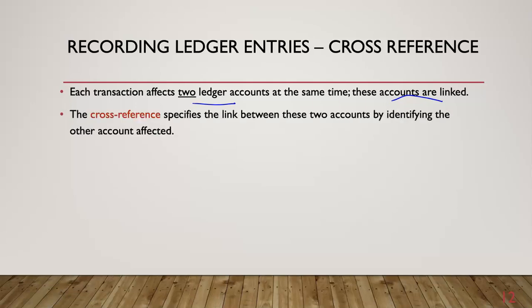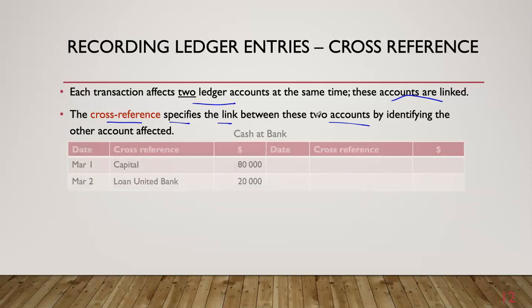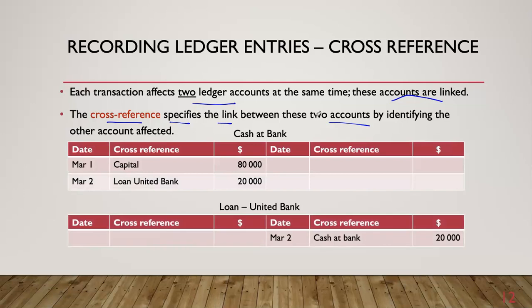So the cross-reference in terms of our technical definition specifies the link between these two accounts by identifying the accounts affected. Just like here, we have our cross-reference. What's an important thing to note?